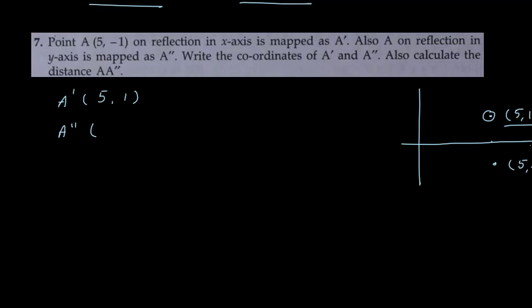So when it is mapped in the y-axis, its x coordinate will change. So it will become minus 1, minus 5, comma minus 1. A is also given to you. A you can write as 5 comma minus 1.